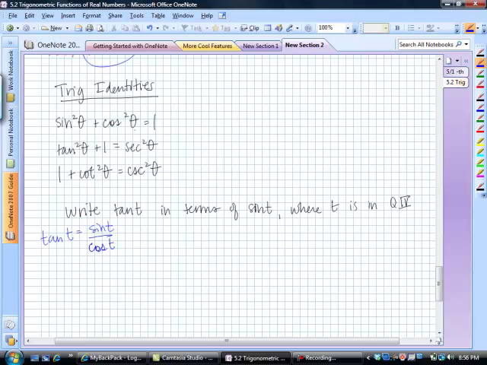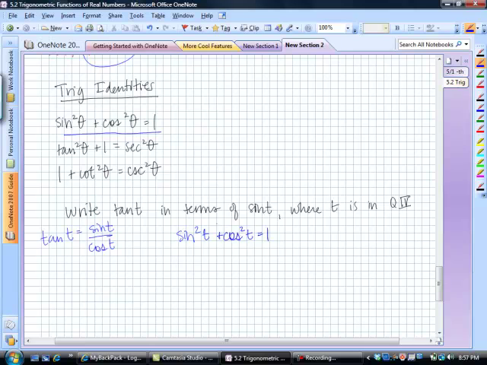Do you see if we use the trig function sine squared plus cosine squared equals 1? Well, let's do sine squared t plus cosine squared t equals 1. Now, we want to write tangent in terms of sine.